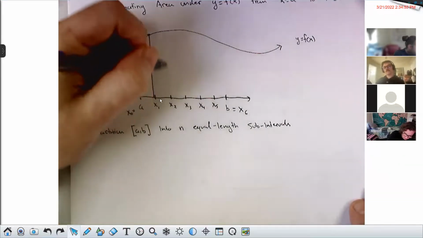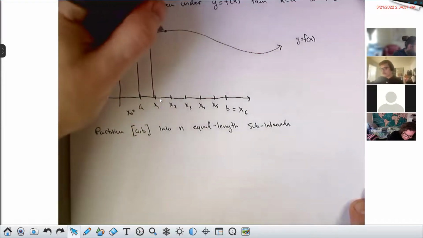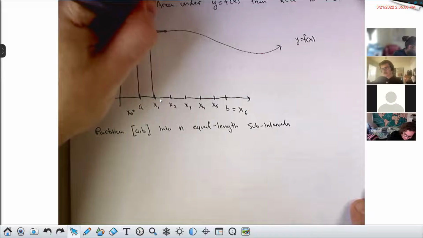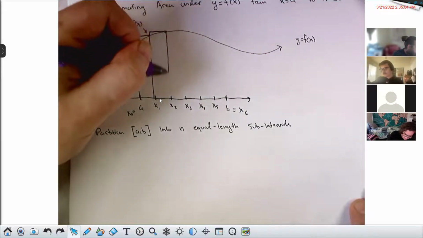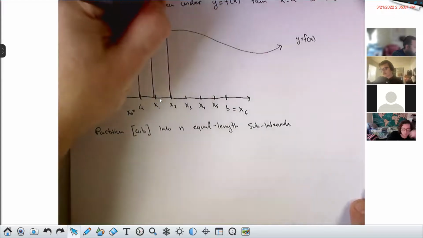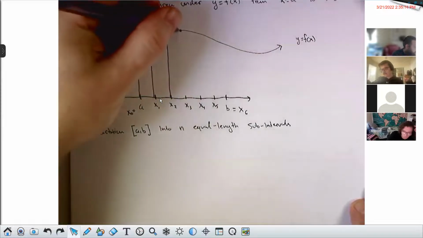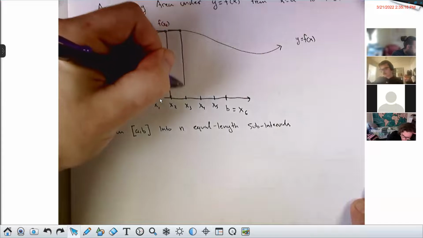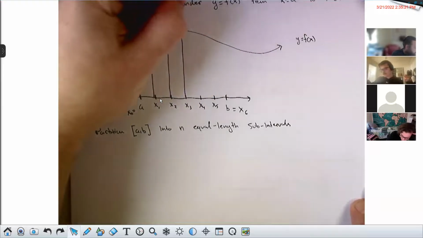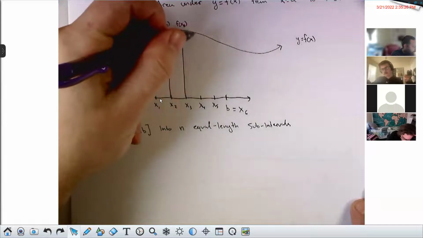I do this for all the subintervals. I take the right endpoint of each subinterval, extend it up to the graph, and let that determine the height of a rectangle. This would be f of x2. Its height would be f of x3. And I do this for all of them.